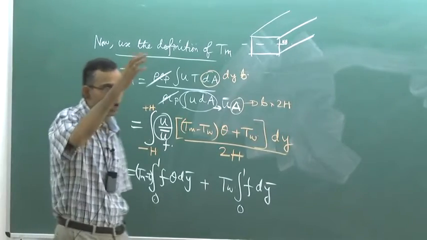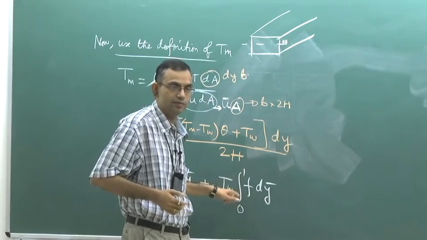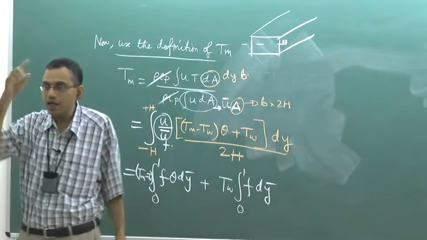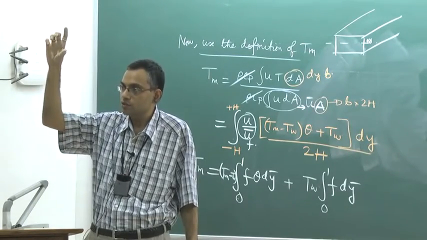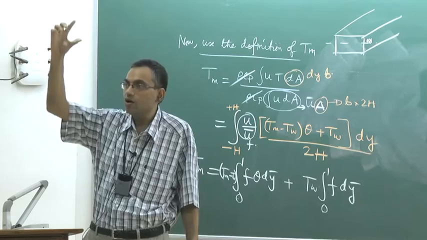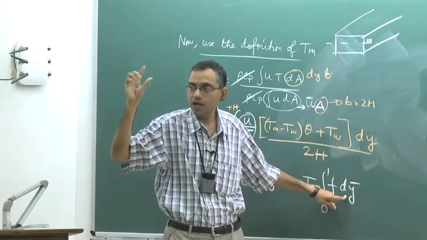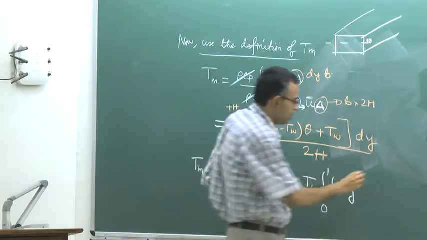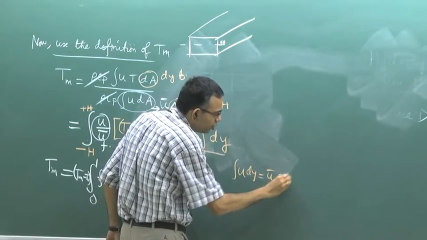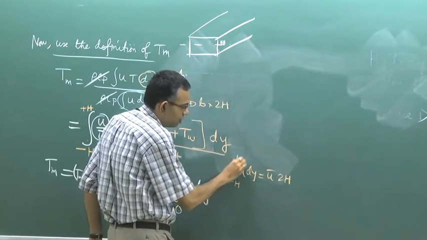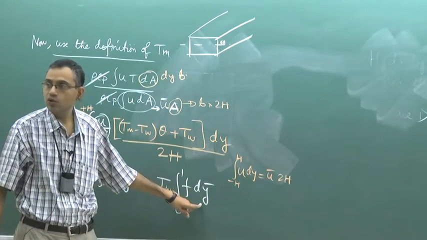So integral of f dy, non-dimensionally it will become 1 from 0 to 1, because integral of u dy is u average into the height. So u by u average into integral of dy non-dimensional is 1. This is from the condition that integral of u dy is equal to u average into 2h. So this is equal to 1.